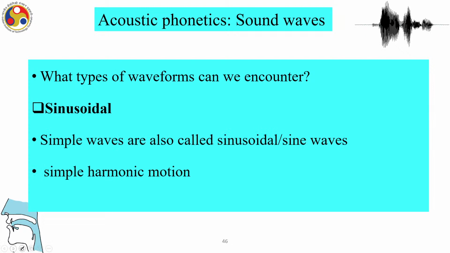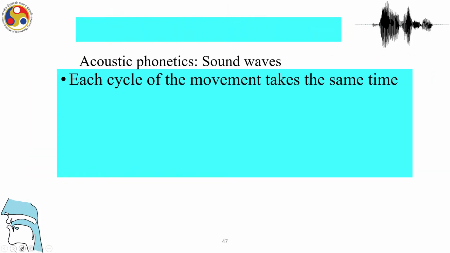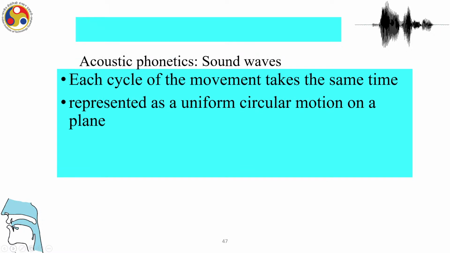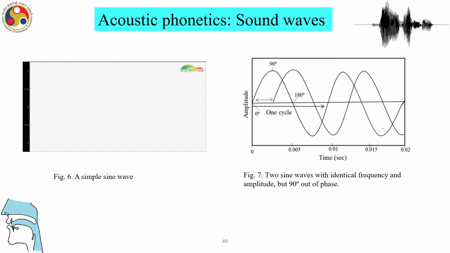We saw an example of a simple wave with simple harmonic motion. But the acoustic properties of sound waves, as I just said, are not one repeating pattern. We have multiple repeating patterns, which you see here in figure 7.